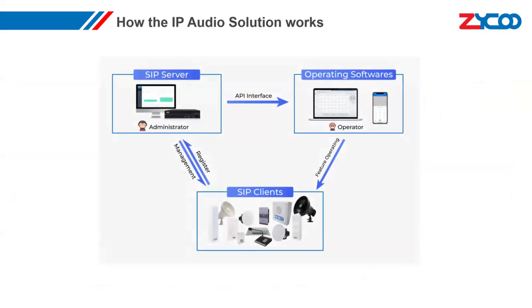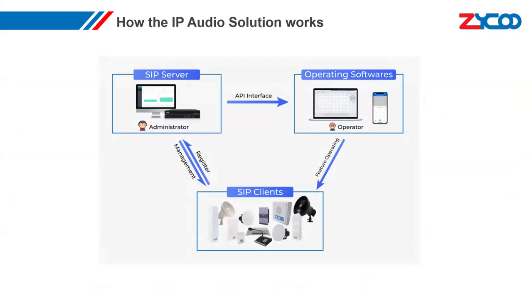Let me explain the relationship between the three parts. The SIP server is the responsibility of the administrator, and administrators are in charge of this part, so they have the highest priority.